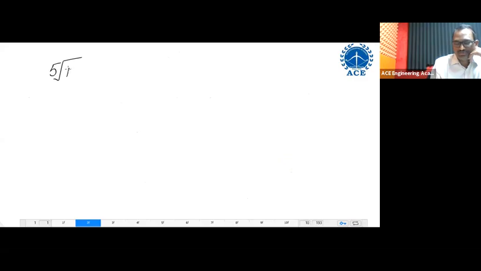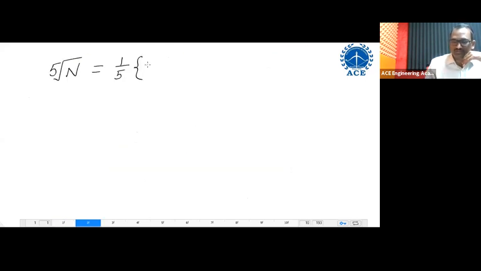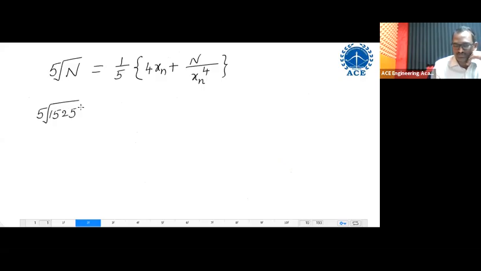Fifth root of N is equal to 1 by 5 into, so take p is equal to 5, 5 minus 1, 4, xn plus capital N by xn power p minus 1, 5 minus 1, 4. Now we need to find the fifth root of 1525.